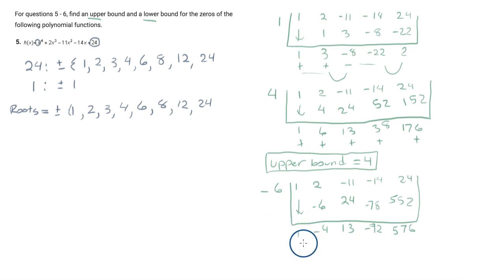However, we're going from positive to negative to positive to negative to positive, which means we have a sign change every time we go to a new term in our result. That is what the lower bound theorem states for a lower bound.